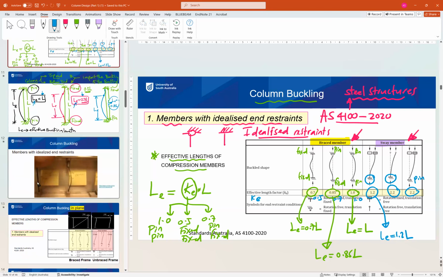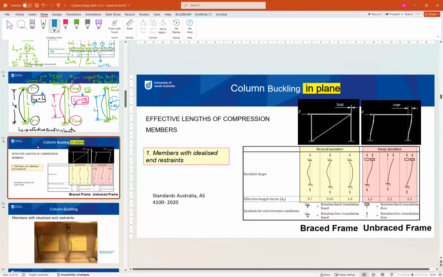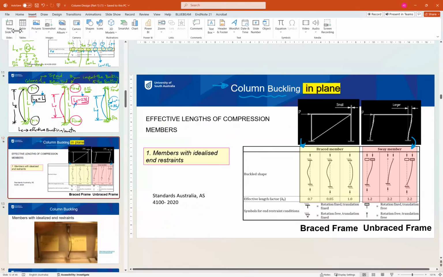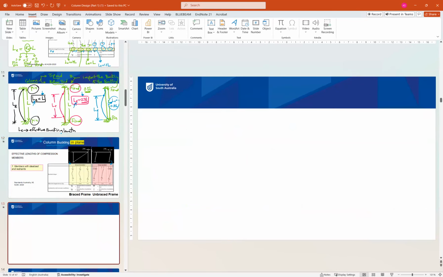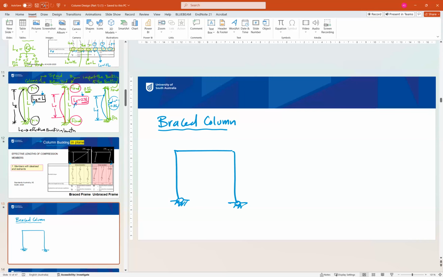Okay, so let's have a look at the meaning of braced and unbraced. For column buckling, we need to understand the difference between braced members and sway members. For a braced member or braced column, this means that our column in a frame or in a shed is prevented from sway using bracing, for example.